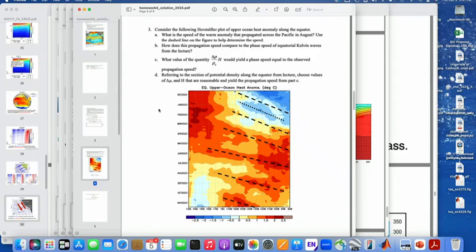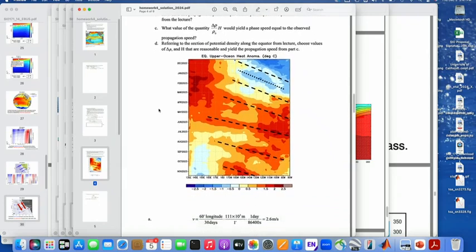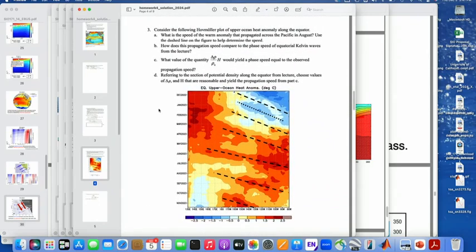Is this one B? So we're doing part C now, right? Didn't we just do B? No, we didn't. Oh, B, basically you calculated the 2.6 and I asked you how those compared. And you'd say, oh, they're pretty close.